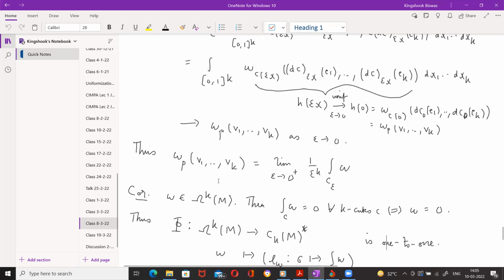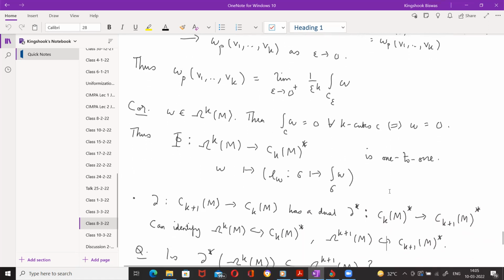So this limit will be 0. So that means omega acting on any k tangent vectors v1 to vk will be 0. So omega will be identically 0. Okay, so therefore, the integral of omega over all k cubes is 0 if and only if omega is 0. So we'll use this fact a few times today.